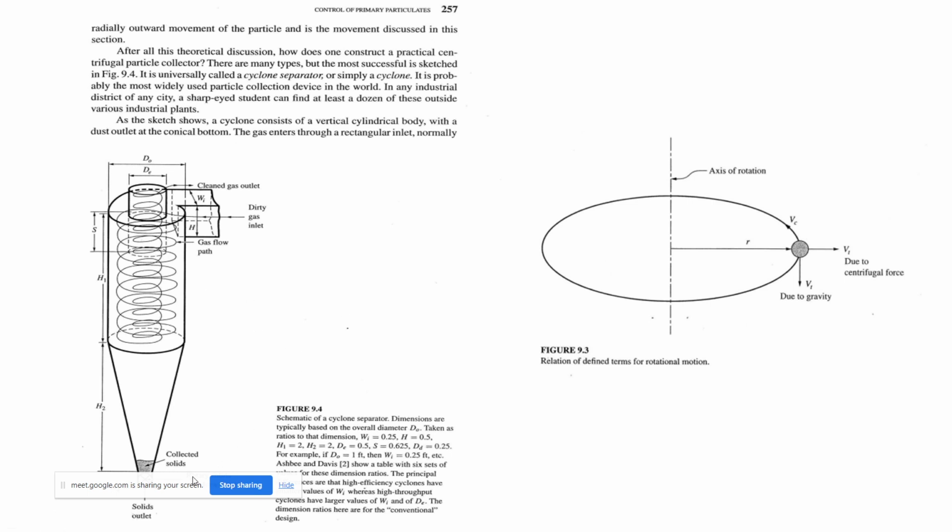The solid particles hit the walls and settle at the bottom, and clean air comes through and leaves through the outlet. So this is a cyclone separator.